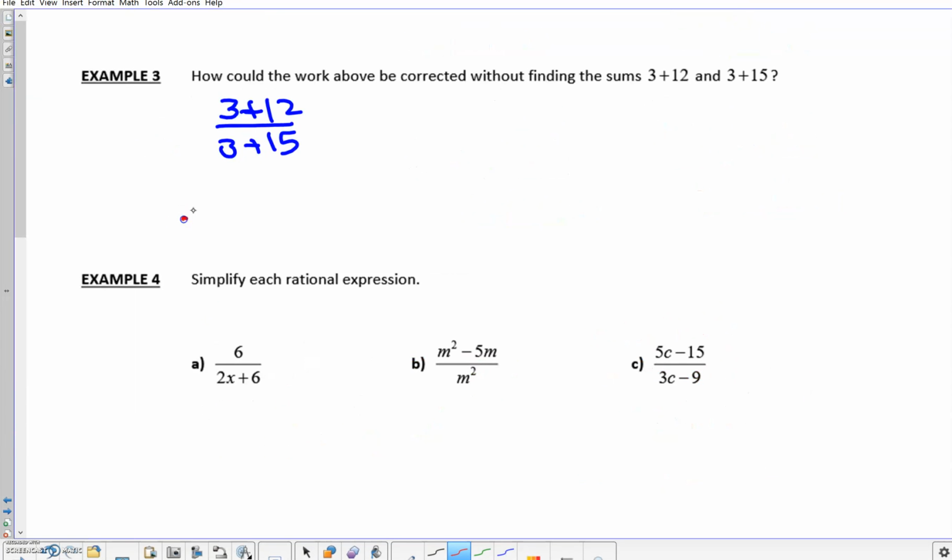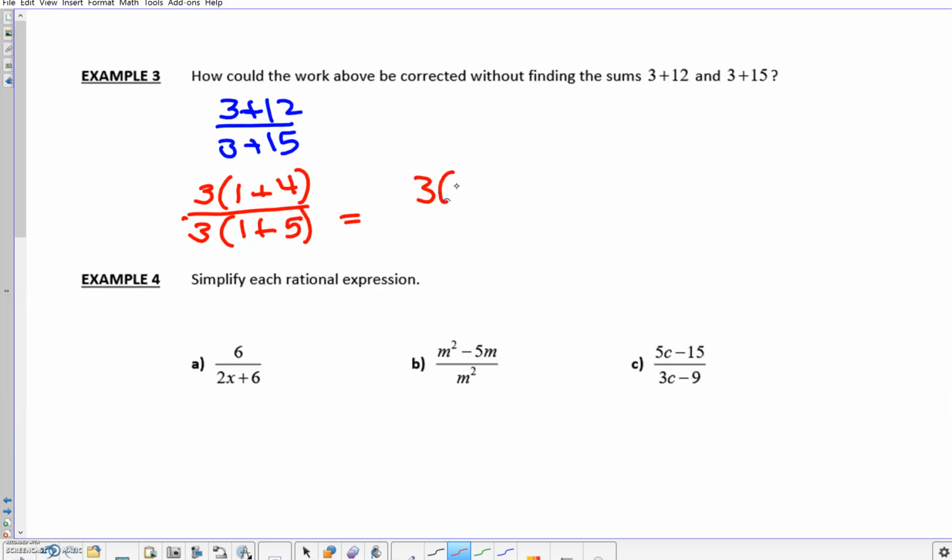All right, so this next one, example 3, asks us to correct it without finding the sums like I did in example 2. So what could I do? Well, I can look at 3 plus 12 and see that they have a factor of 3 and do a GCF. So if I took the GCF out, I'd do 3 times 1 plus 4, since 3 goes into 12 4 times. And then factor out a 3 in the denominator, which leaves me with 1 plus 5.